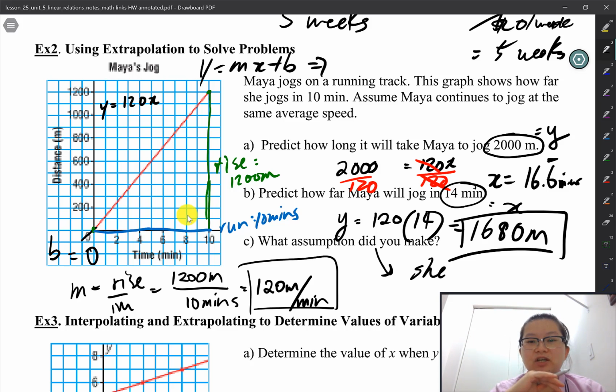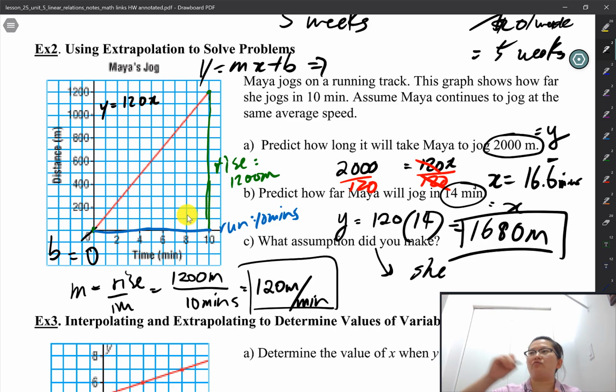But assuming that she continues at this average speed, and that her speed at any one point doesn't fluctuate a lot, then we can make these predictions safely. She can go at some average speed, but her speed could be everywhere within that second or whatnot. Then that would be kind of disruptive in our graph.